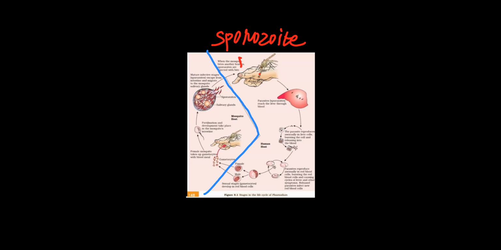The small amount of saliva carries hundreds and thousands of sporozoite stage Plasmodia. They get introduced into the bloodstream of the person. This is the point when the person is infected with this pathogen, Plasmodium.